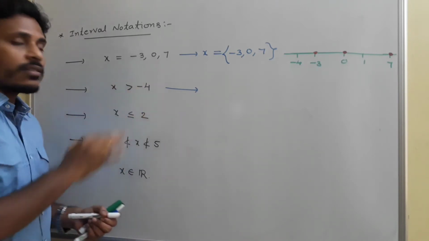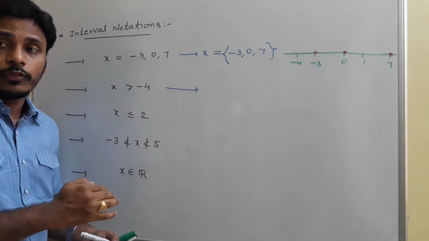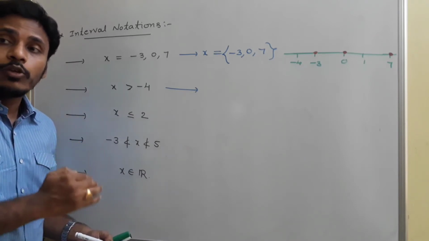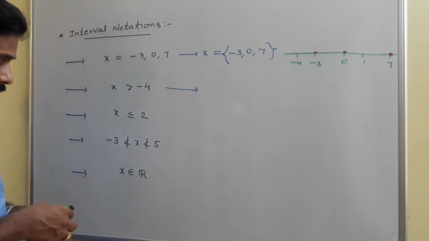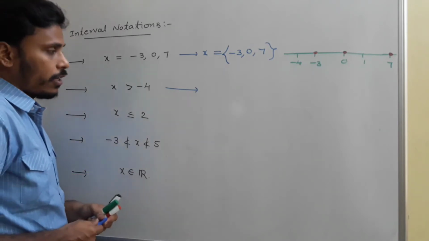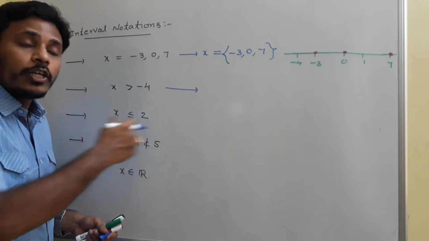Whereas if x is greater than minus 4, think about it. The values of x are greater than minus 4. See, the possible values of x are nothing but every number which is greater than minus 4. So it starts at minus 4 and it goes on like that.